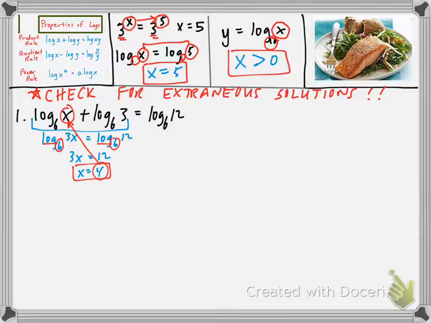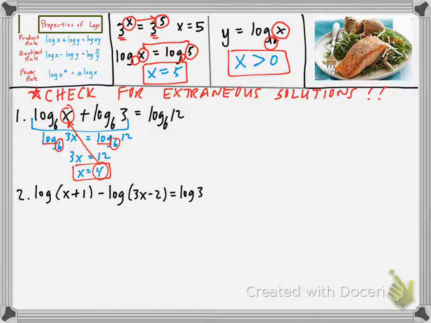And then the next example is the log base, what is it? Okay, so just log base 10, so we don't have to write the 10. Log of x plus 1 minus the log of 3x minus 2, might not have left myself enough room here, equals the log of 3. And we notice that we have the difference of logs.